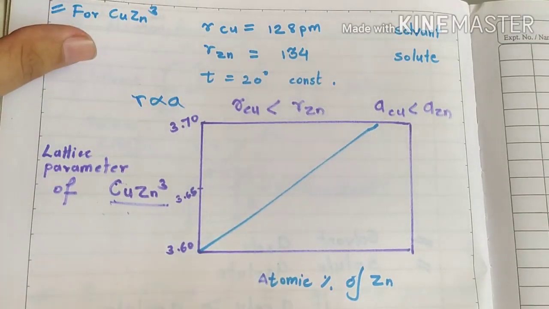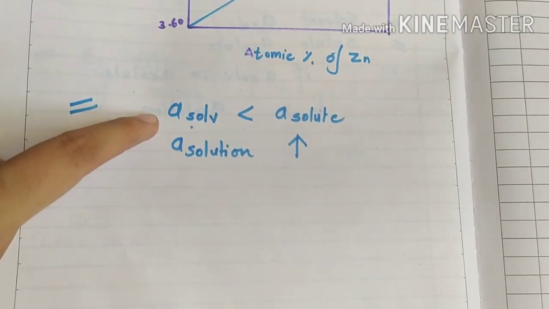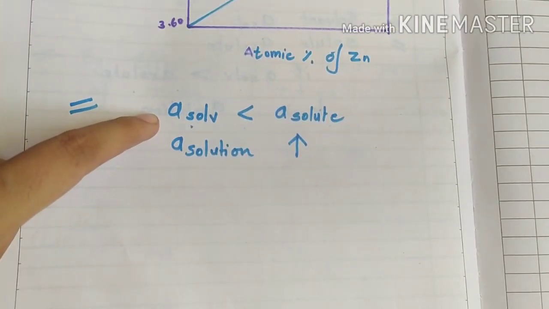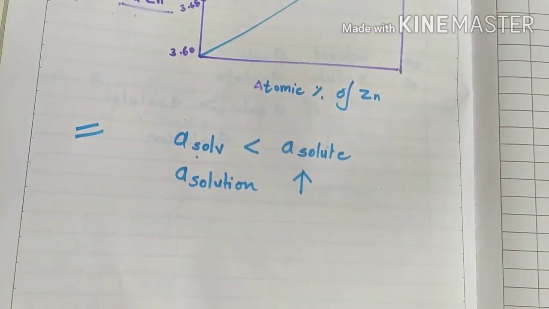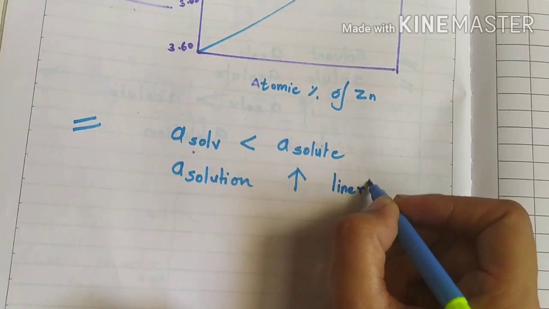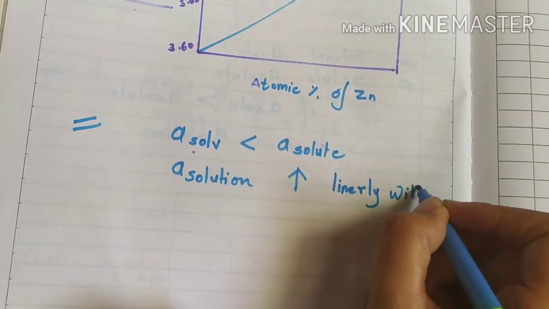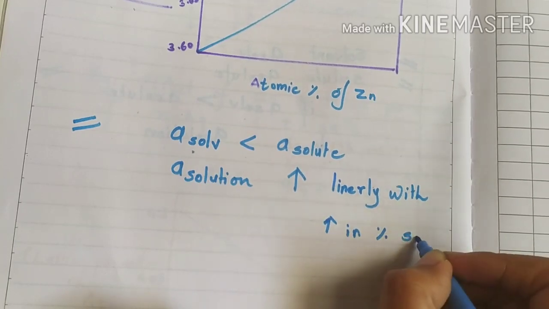From this we can conclude that if A of the solvent, that is the lattice parameter of the solvent, is smaller than the lattice parameter of the solute, the lattice parameter of the overall solution increases linearly with increase in percent of solute.